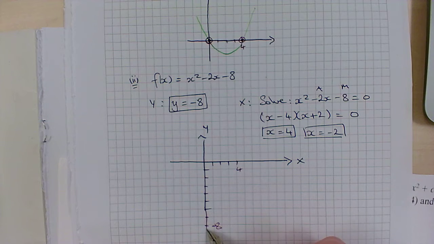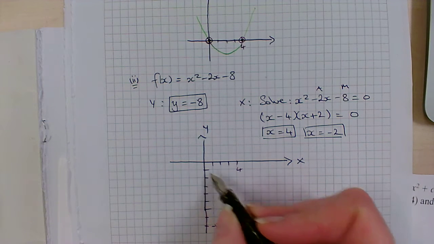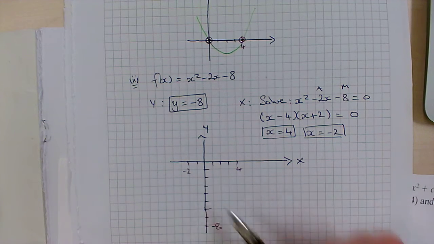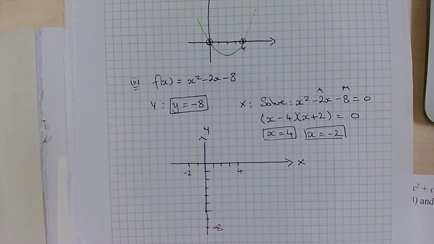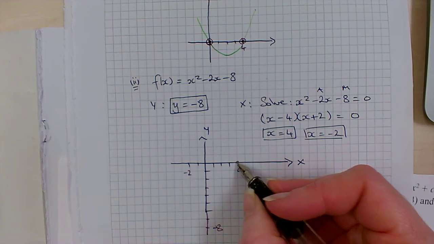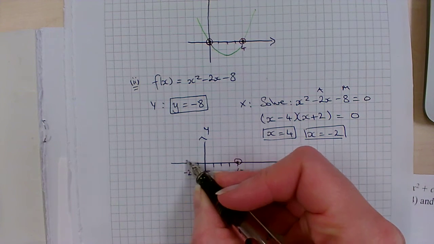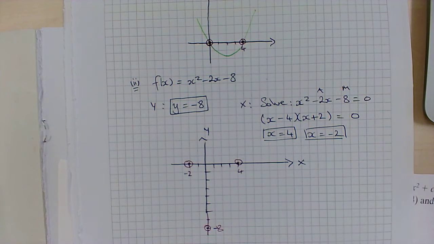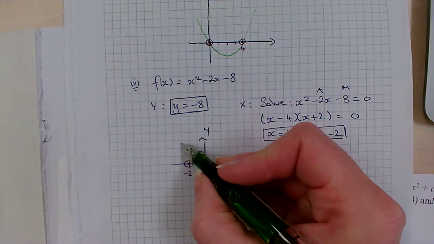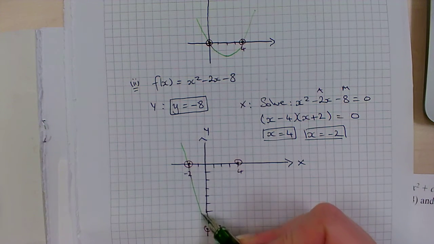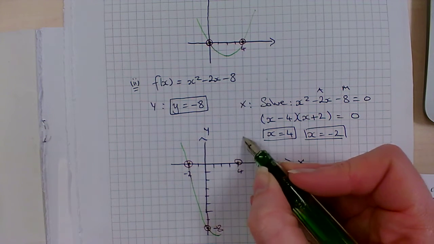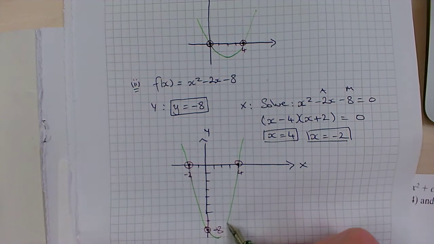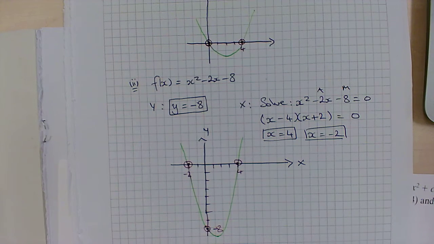Down as far as minus 8. And 1, 2, minus 2. So those are the 3 points at x equals 4, at x equals minus 2, and at y equals minus 8. And it should be symmetrical, so the turning point should be a little bit below here. And there's my rough sketch of the graph.